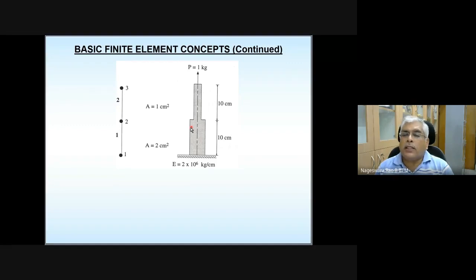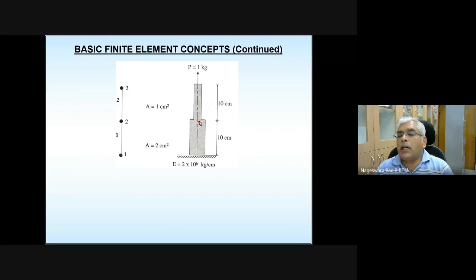Okay, so since this is a stepped bar, the region over which the element is having constant cross-sectional area is taken as an element. So element 1 is taken from here to here, and the bottom key point is the extreme point for that particular portion, that is taken as node 1, and the top key point is taken as node 2.